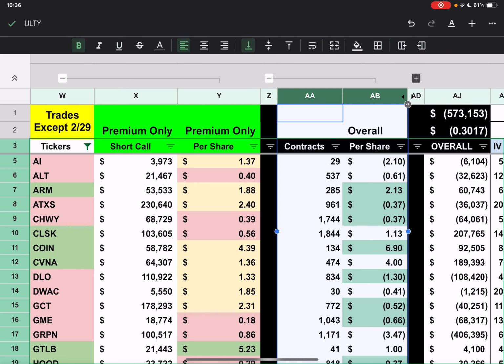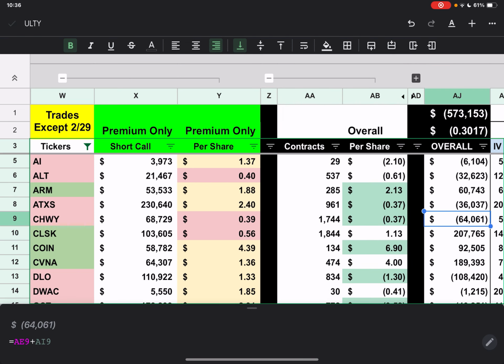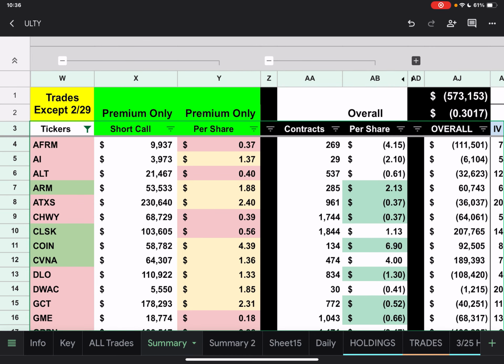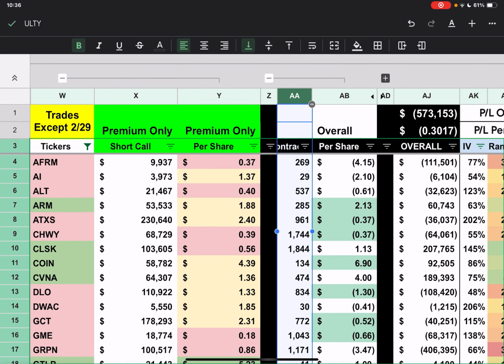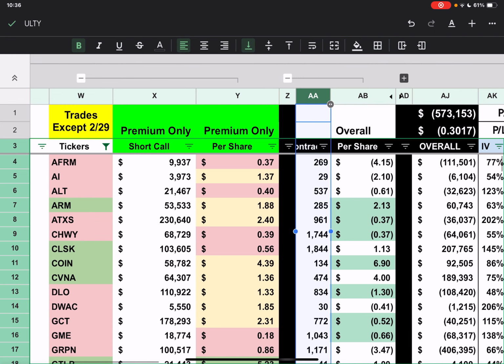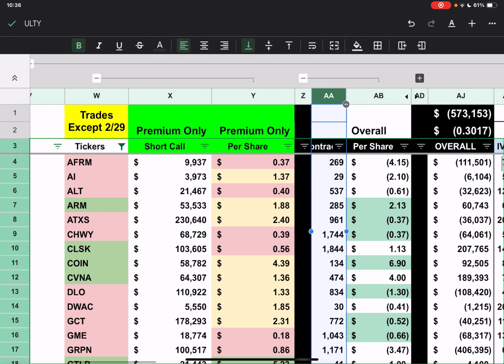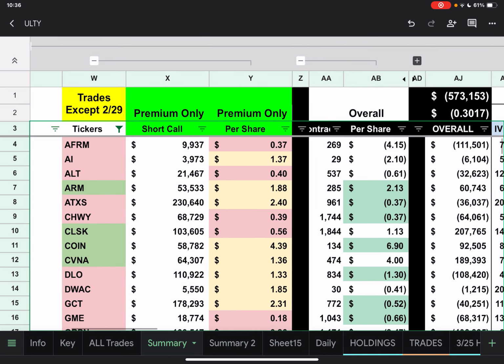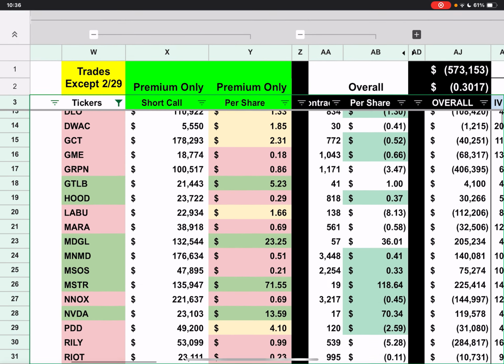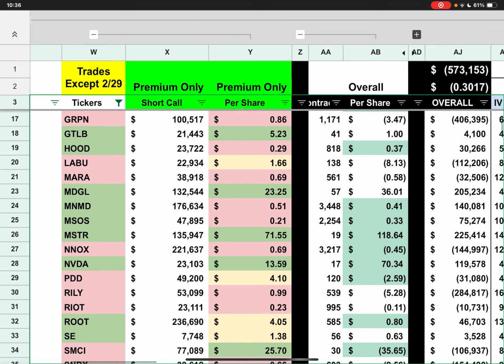I wanted this one open just so you can compare them side by side, which is also why I broke the number of contracts out, because I didn't really have that in my formula. I'll make that a little bit smaller so you can see it. But okay, so I'm going to go down in case somebody wants to do a screenshot.